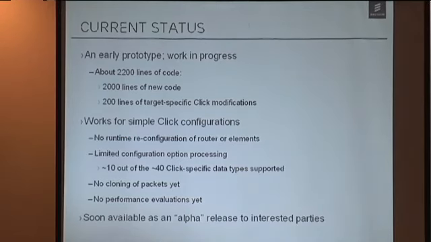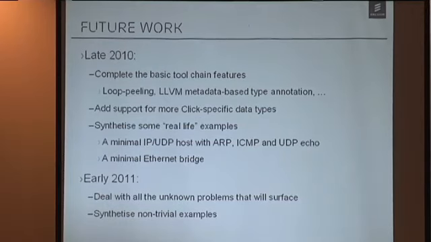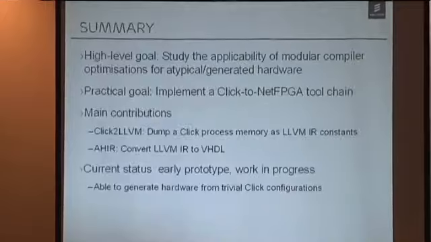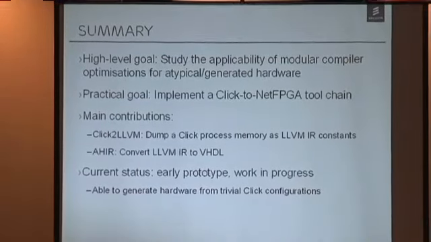And it works for simple click configurations, nothing too fancy yet. And this is a description of the future work that they plan to take this with. And that is the summary. And that's the end of my presentation.